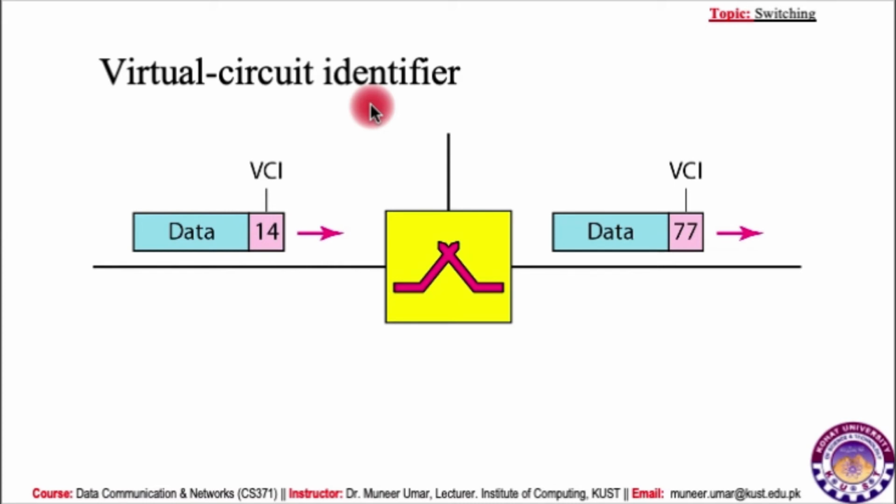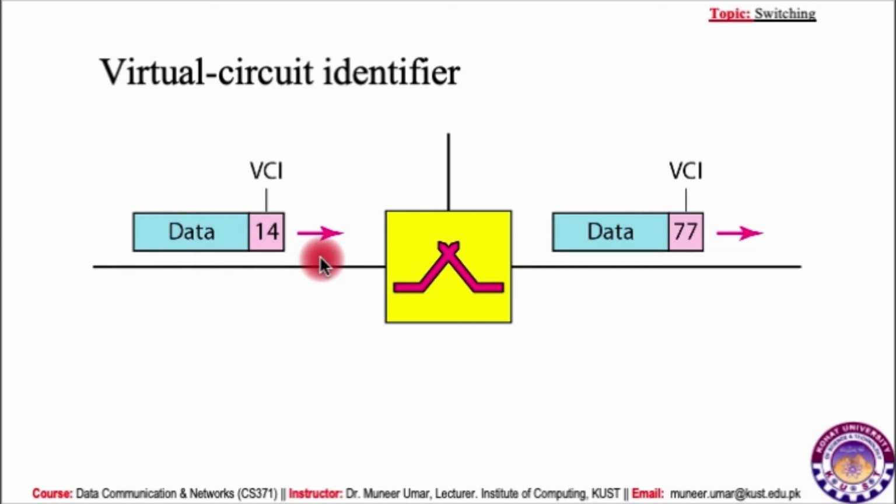A VCI is a small number that has only single switch scope. Now, this VCI is 14 here, so it would be 14 till this switch. After this switch, this VCI would change, as it has no scope beyond any other switch.